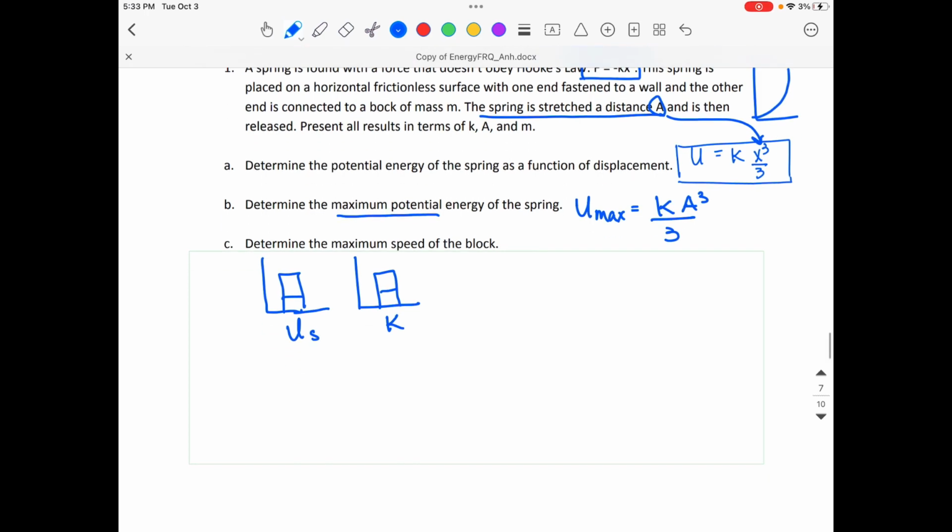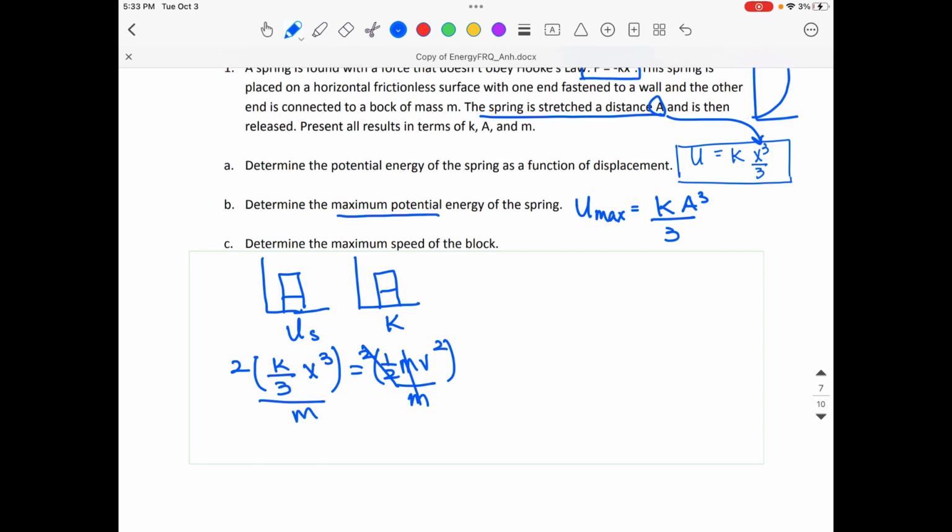So from there, I just use the spring equation. I'm going to do k over 3 A cubed is equal to 1/2 mv squared. I'm solving for velocity, so I multiply the 2 to both sides, and I divide the m from both sides.